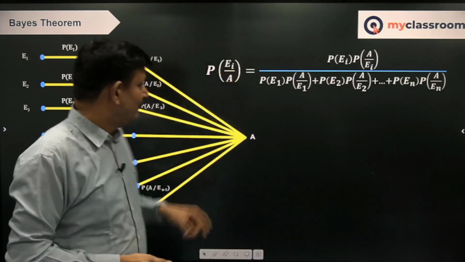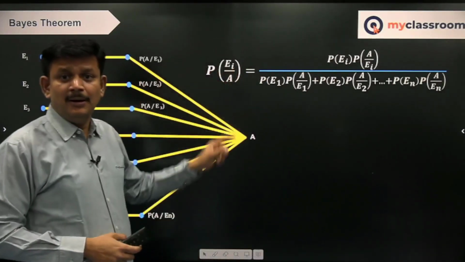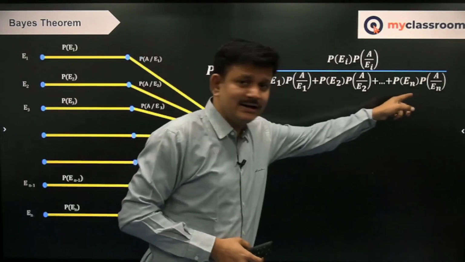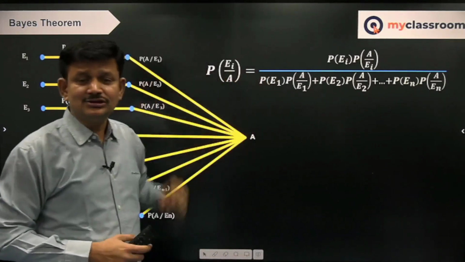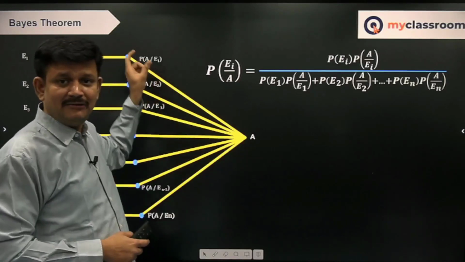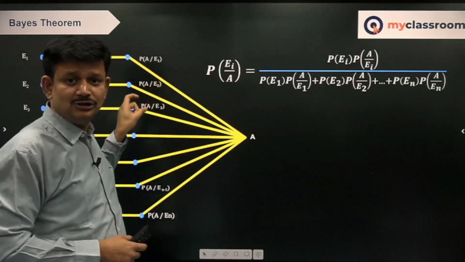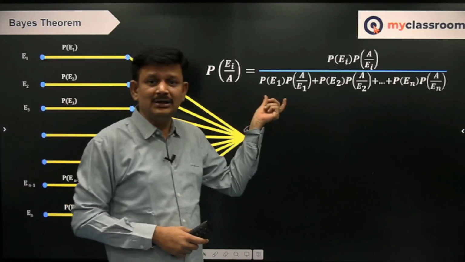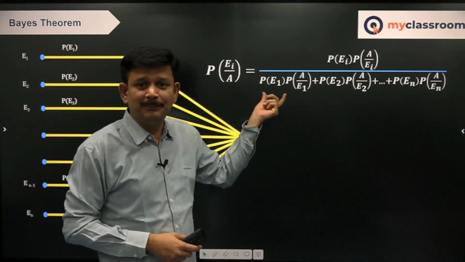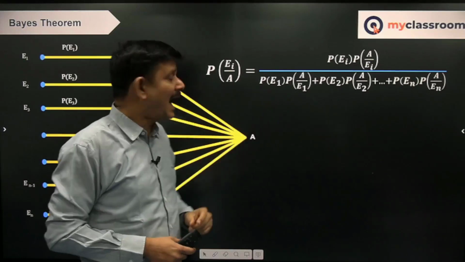How to do that? First, find the probability of occurrence of the accident. For the occurrence of the accident, he should have traveled either by E1 or by E2 or by E3 or by En. Now, what is the probability that he will travel by road number 1? P of E1.